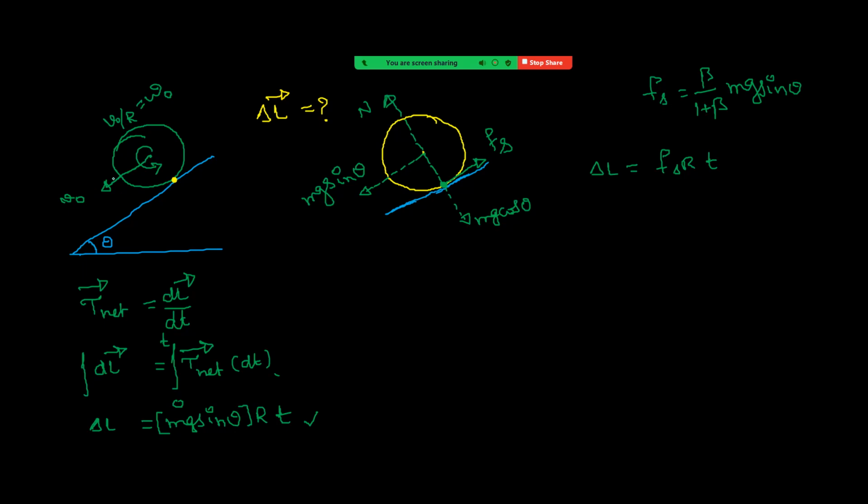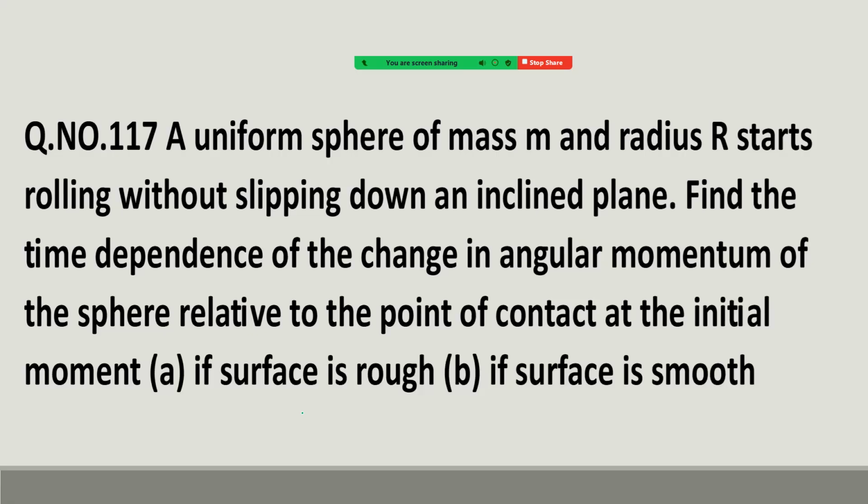But coming to VCM, that will change. That means if it is a smooth inclined plane, it moves down with rolling, but it rolls with slipping. That is the only change. In the answer, there is no change. Okay. So I hope you got the clarity. Let us see next question.